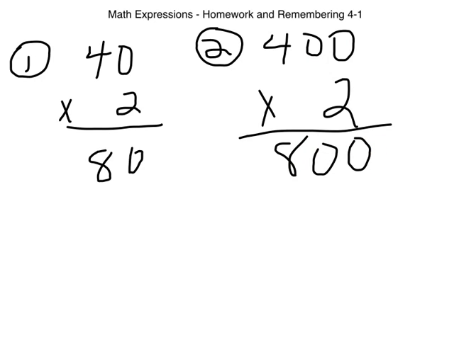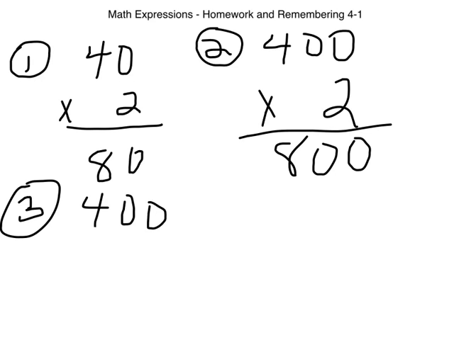Okay, number 3. Number 3, 400 times 20. You can do the same trick. Let's try the shortcut. Cover up all 3 of the zeros. So put your hand or finger over these. You're seeing the laser pointer on the screen covering these 3 zeros.